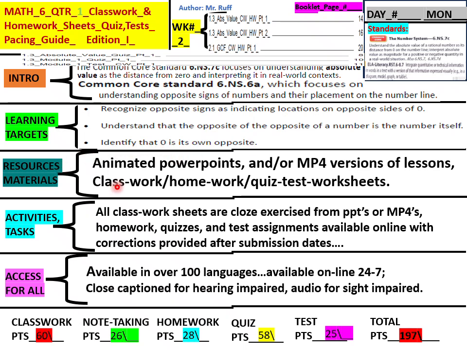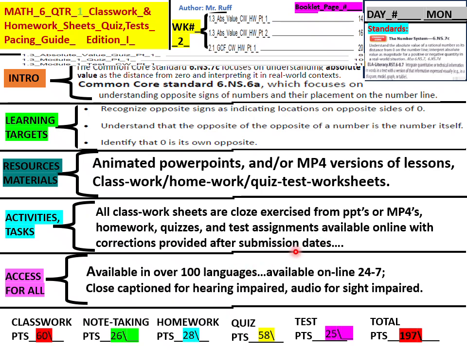Your resources for Week 2 again are animated PowerPoints or video versions of lessons, classwork, homework, quiz and test worksheets, activities, and tasks. All class worksheets are closed exercises from PowerPoints or videos, and homework, quizzes, and test assignments are available online with 24/7 access.